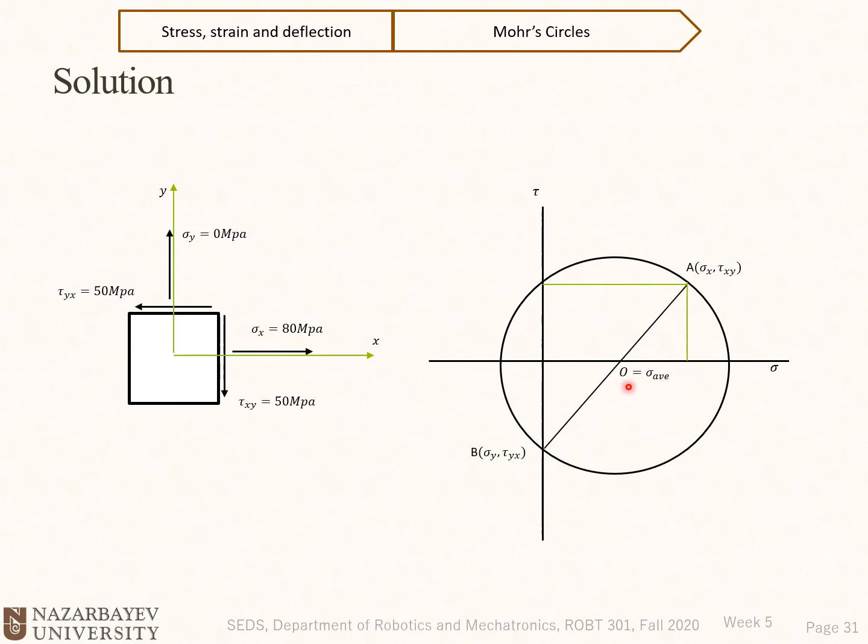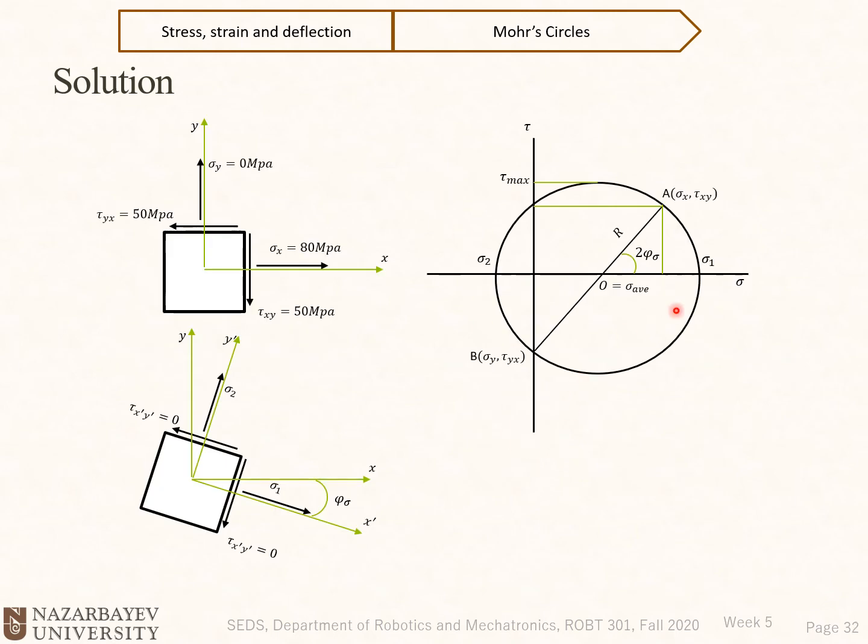Please refer to previous slides and review the formula. Now we have our full circle here. The circle is ready. What we need to do in the next steps is find the principal normal stresses and principal shear stresses, plus find the element for the principal normal and principal shear stresses.